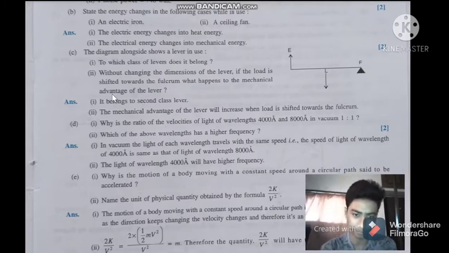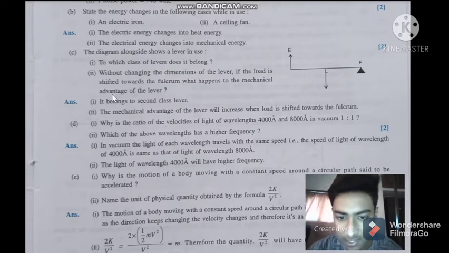Now, which of the above wavelengths has a higher frequency? Obviously, the more the frequency, the less the wavelength, because they're inversely related. So obviously 4000 angstrom would have a higher frequency.